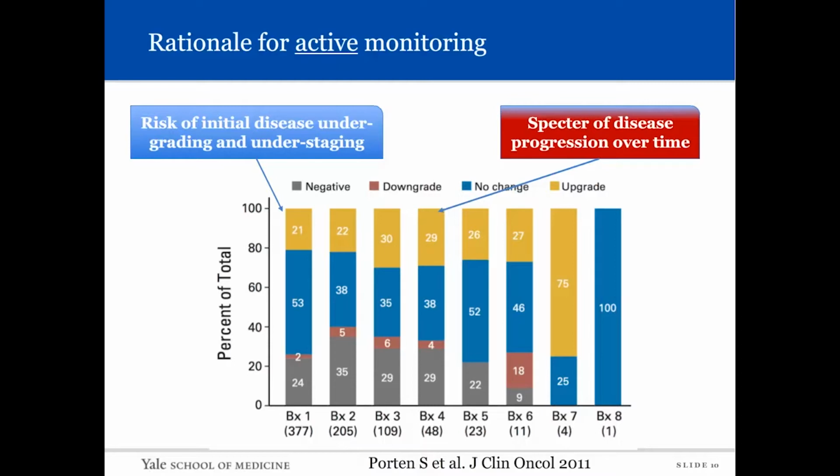So 21% of patients on their first biopsy upgraded, and that risk persisted, 22% on the second biopsy, 30% on the third biopsy. So as we keep crossing over time, we begin to see a second force, and I think that's the specter of disease progression over time, the risk and the genuine concern that a truly low-grade disease might progress to higher grade elements.